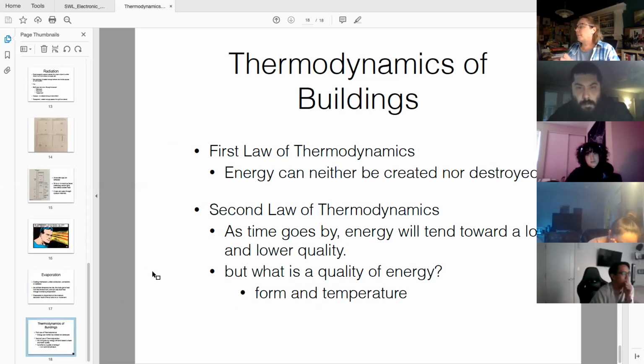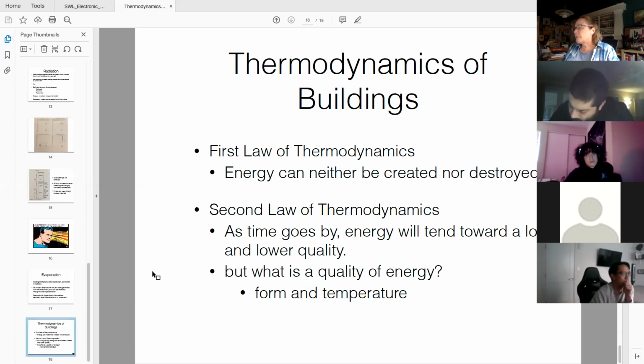So taking our types of heat and our heat transfer methods is the first part of understanding the thermodynamics of buildings. And there's 2 laws that you need to be familiar with. The first law of thermodynamics is that energy can neither be created nor destroyed.